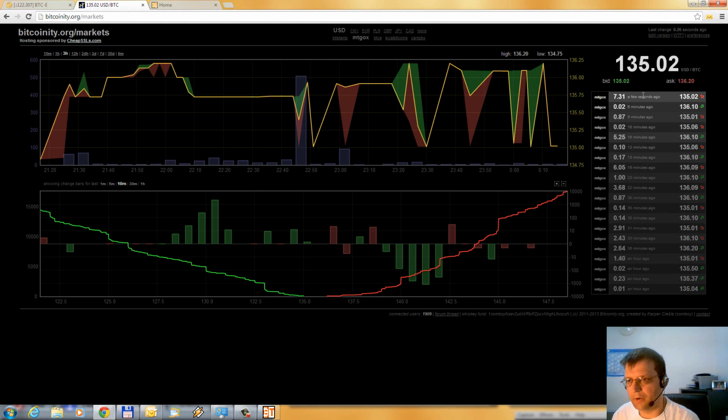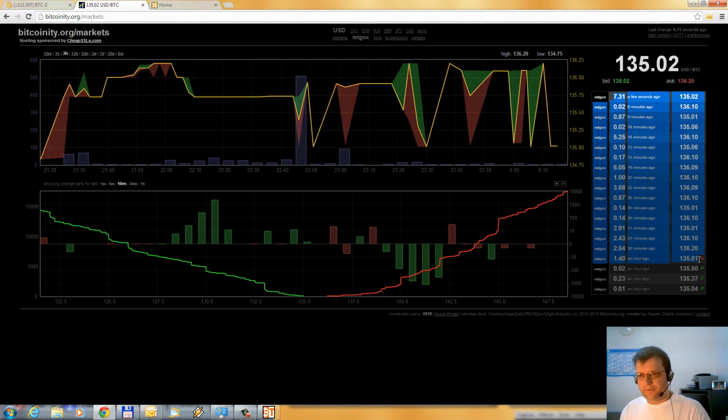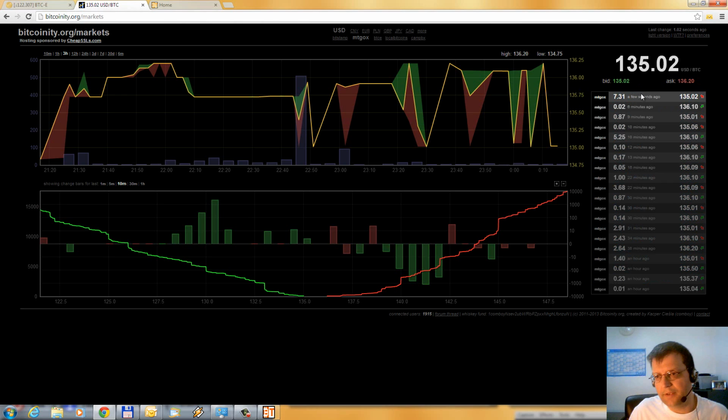Okay, and these on the right side are the last trades on Mt. Gox. So as you can see, the market recently doesn't do much because this trade was already 6 minutes ago and that one was a few seconds ago. So there wasn't considerable trading in the last minutes at Mt. Gox.